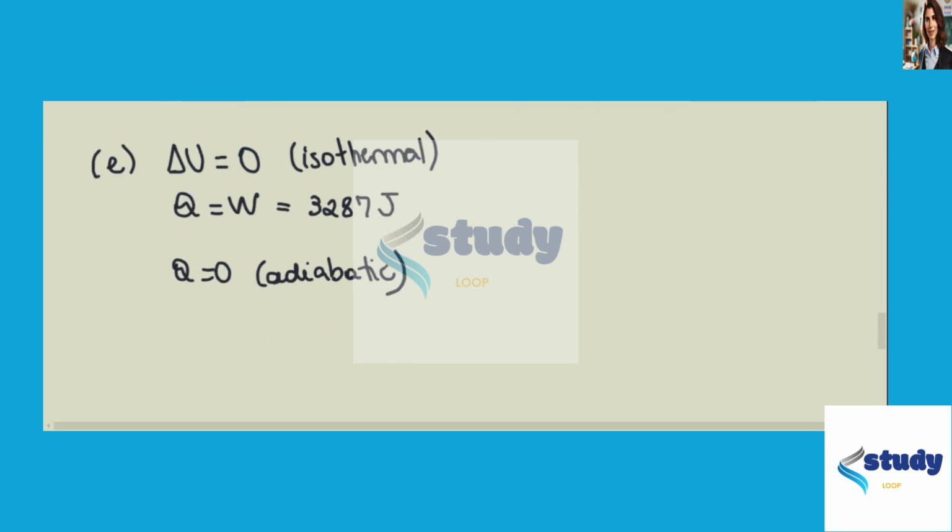Okay, and then for the isobaric case, the situation is a bit different because Q is delta U plus W. Delta U is nCV delta T. Delta T for an ideal gas at constant pressure is equal to P delta V over nR.